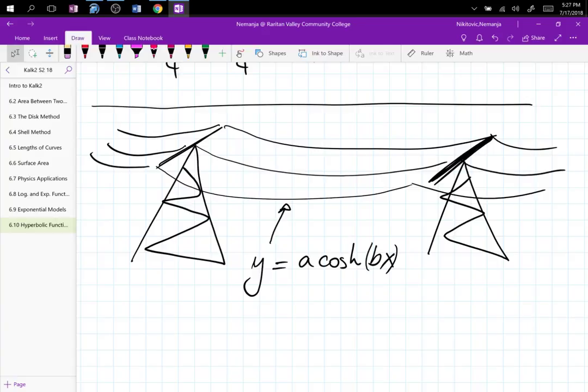And the hyperbolic cosine is the equation for that kind of stuff. One of the project questions that I have is actually on computing that. It actually takes about $100,000 to set up one side for these big power lines. Very, very expensive stuff.